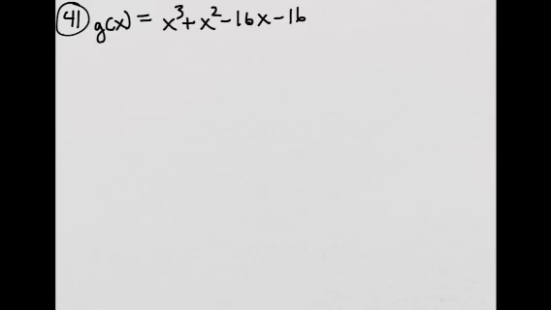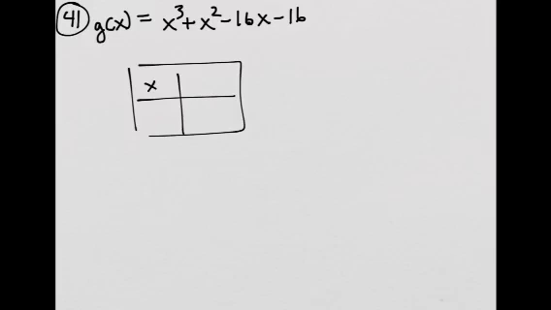Okay, so for 41, you're finding the zeros again. So when I have 4 terms, the first thing I try is to see if it factors by grouping. And this is the way I set it up. So you just put the terms in standard form, with the highest degree in a 2 by 2 grid. Just fill in the top row, then go to the next row.